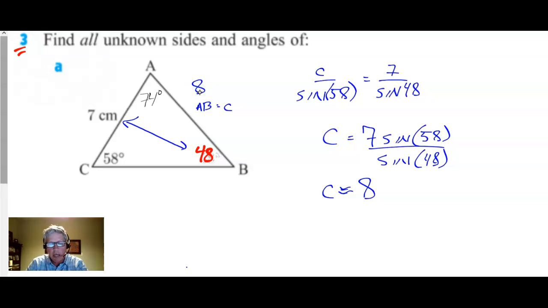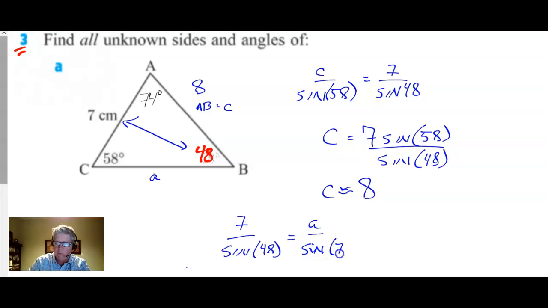We know two sides and the included angle. That's a great way to figure out little side A, or we could use law of sines. And let's go ahead and use law of sines because we have this opposite pair. It's going to work out every time. The 7 over the sine of 48 is going to equal A over the sine of 74.